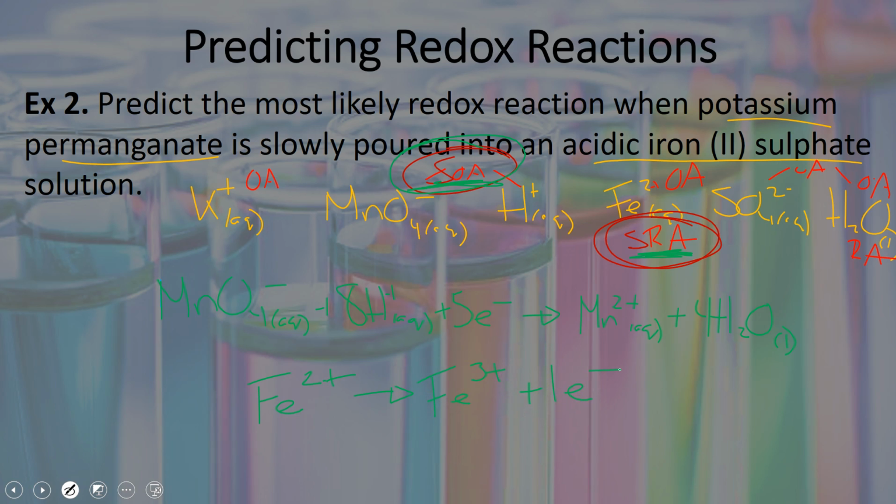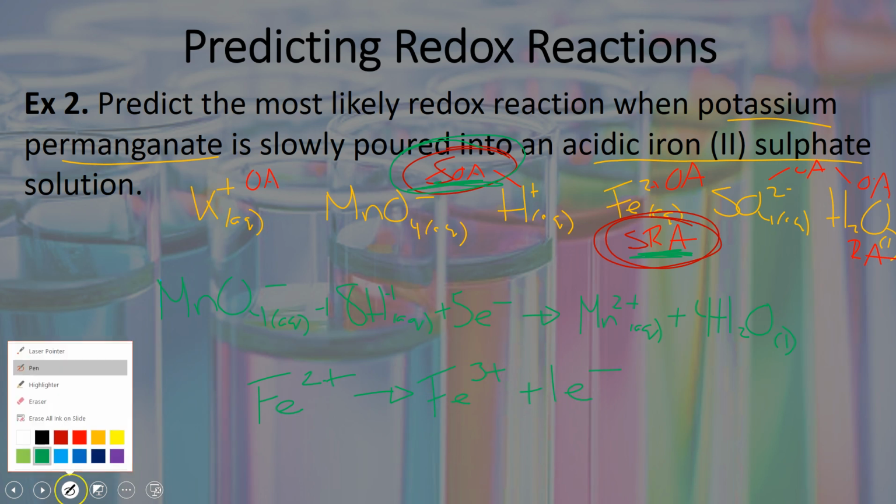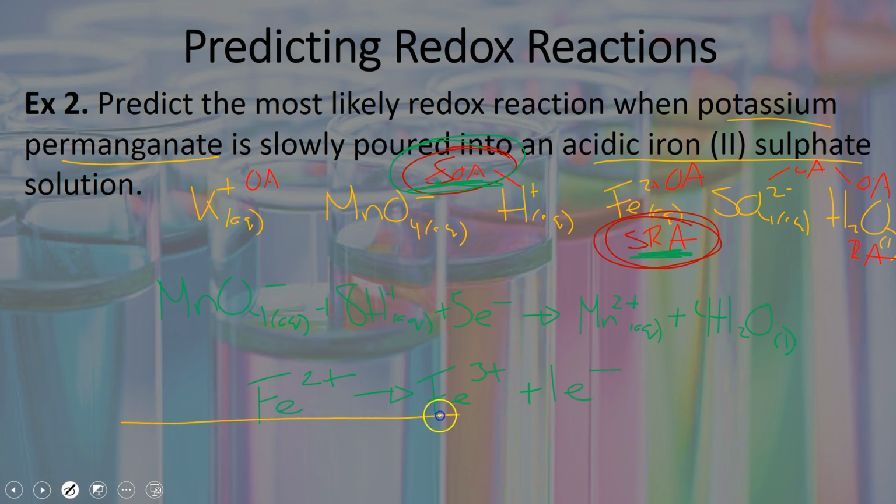And so to write my net redox reaction, I need the electrons to be balanced. So this first reaction, there's 5 electrons, and here there's 1. So what would I have to do? I would take the second reaction and times it by 5. And so that would change this to 5, this to 5, and this to 5. And now I have a balanced transferring of electrons from RA to OA.